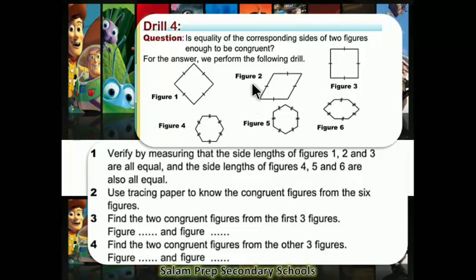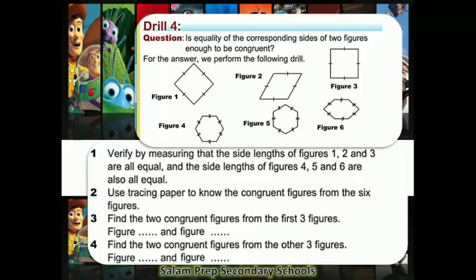Figure 1, Figure 2, Figure 3, Figure 4, Figure 5, Figure 6. Find the two congruent figures from the first 3 figures. First 3 figures means Figure 1, Figure 2, Figure 3.